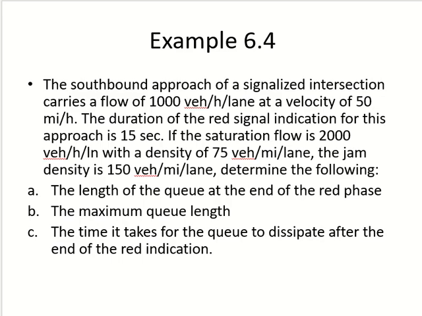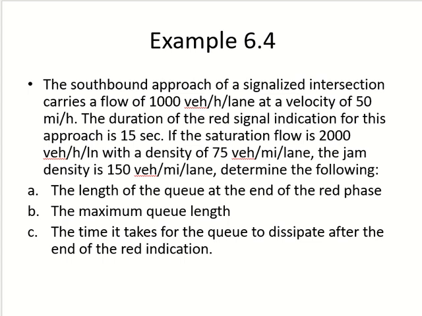We have a signalized intersection which is carrying 1000 vehicles per hour per lane. Velocity is 50 miles per hour. The duration of the red signal for this approach is 15 seconds. Saturation flow is 2000 vehicles per hour per lane. I'll come back to why we need the saturation flow rate.